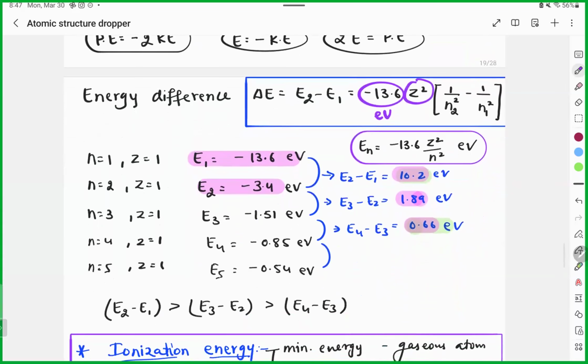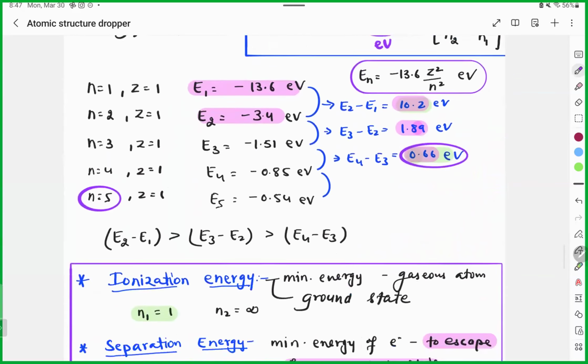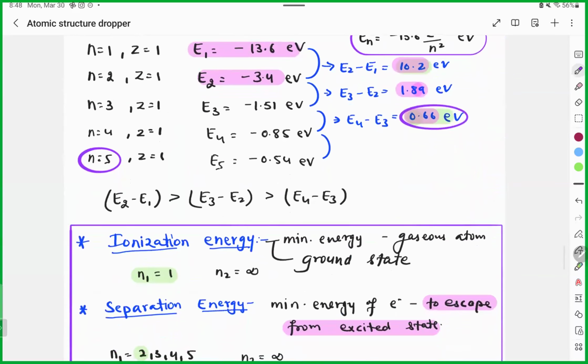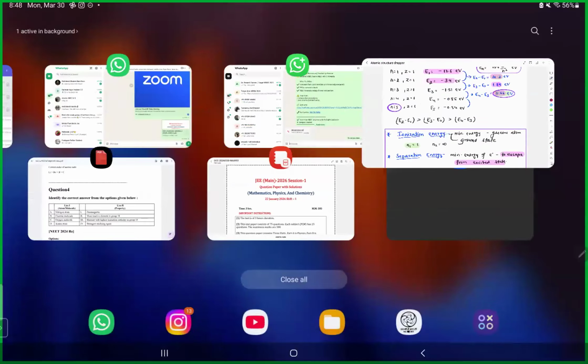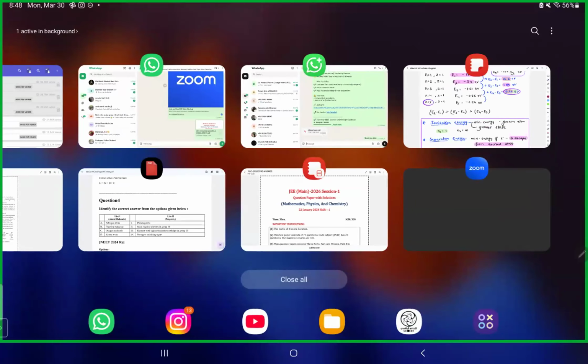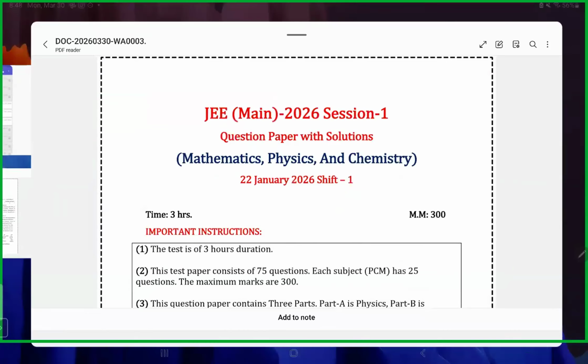And the more you move, you will see that if the n value increases, your energy will also increase. Correct? The energy difference will also increase. Done. So this revision is extremely important. Why? Because direct questions are asked.